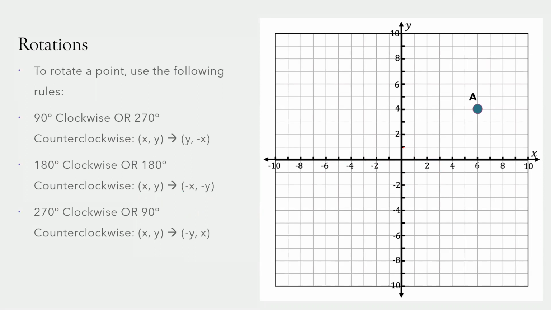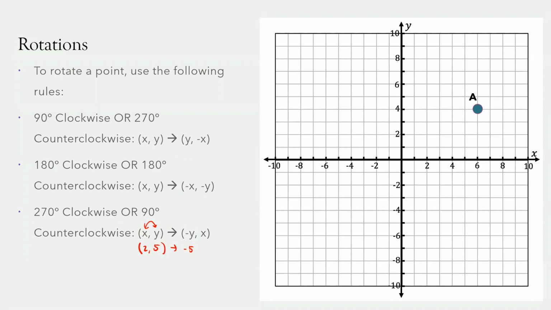And then the last rule, to go 270 degrees clockwise or 90 degrees counterclockwise, you take your x and your y, you're going to flip them again. So again, you'll switch whatever these numbers are. And now the new x, the original y, is going to become negative. So if I had the point 2 comma 5, and I want to rotate that 270 degrees clockwise or 90 degrees counterclockwise, that's going to go to negative 5.